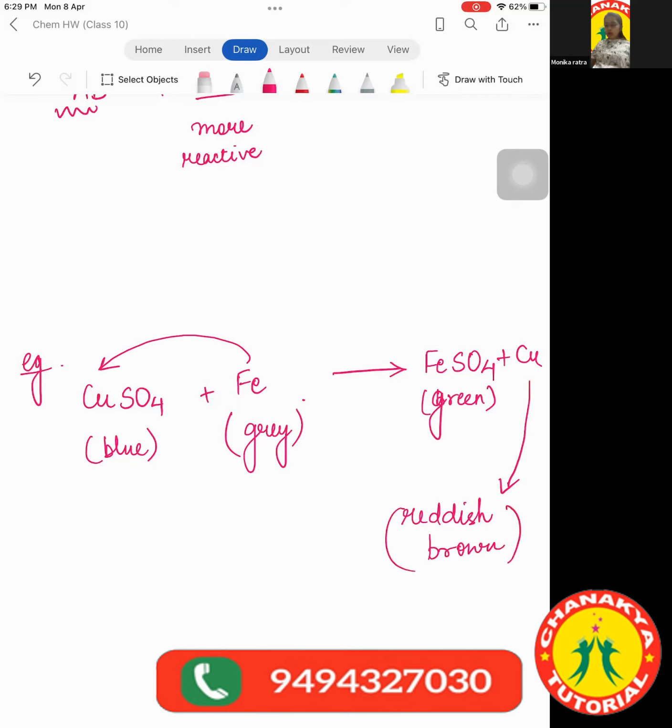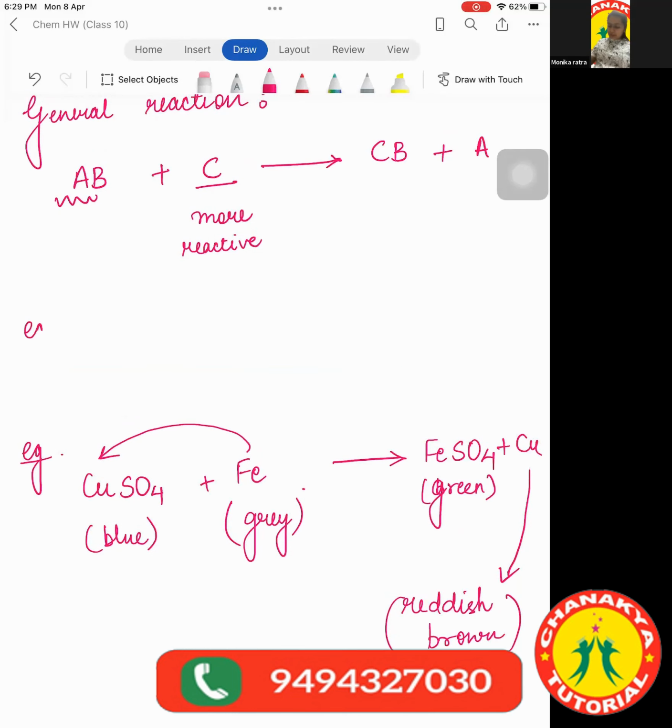Clear, everyone? I'll take one more example over here. If we take the example of FeCl3, and it reacts with magnesium, then the magnesium is much more reactive than iron.